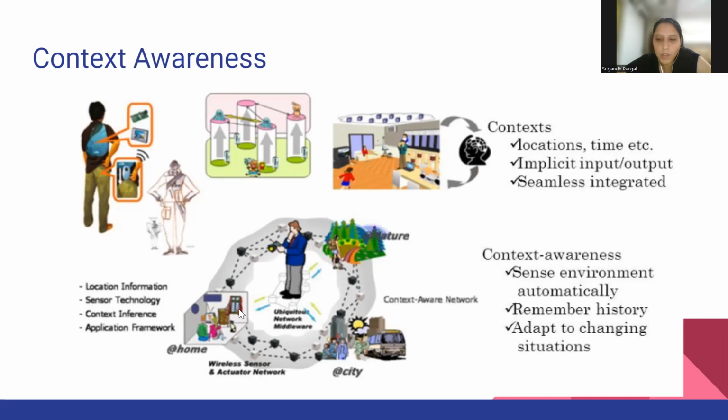With the help of all the contextual sensing of the environment, and also the historical data of an individual, they try to adapt to the changing situation and learn the context awareness behind the complete network and predict certain activities which are possible in that network.